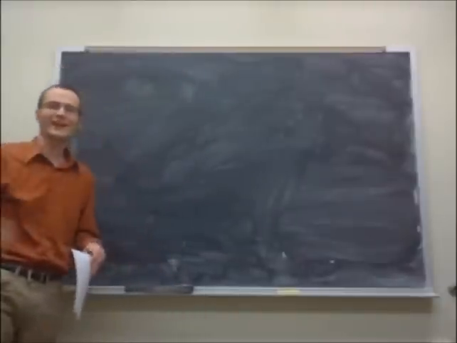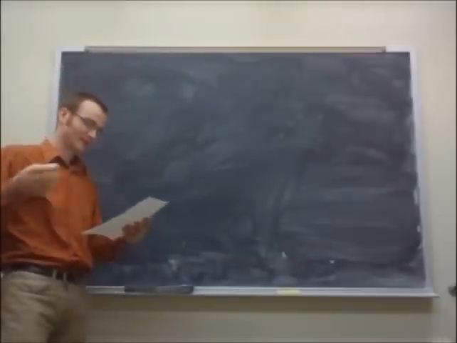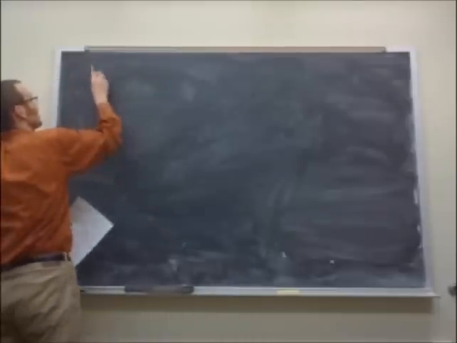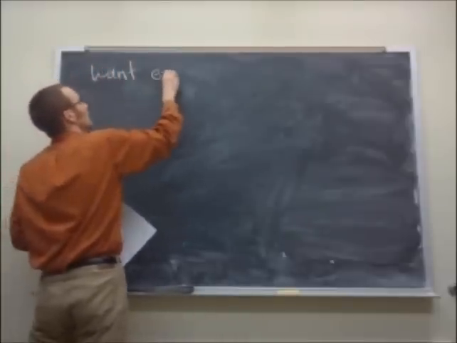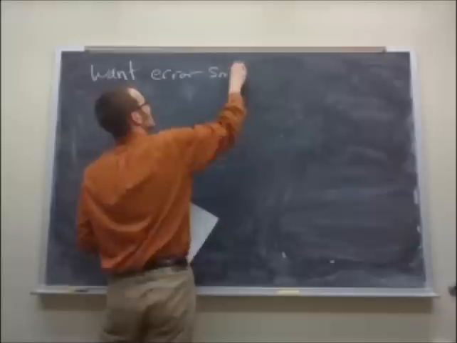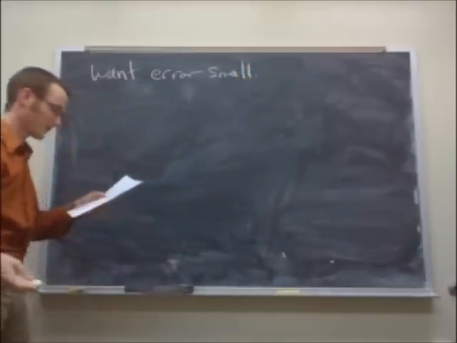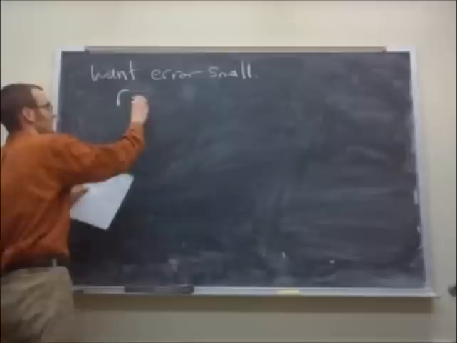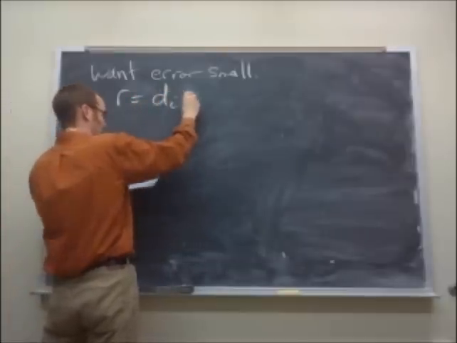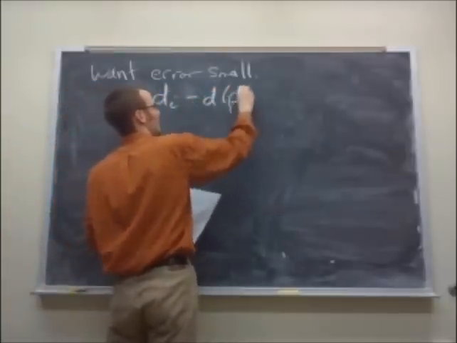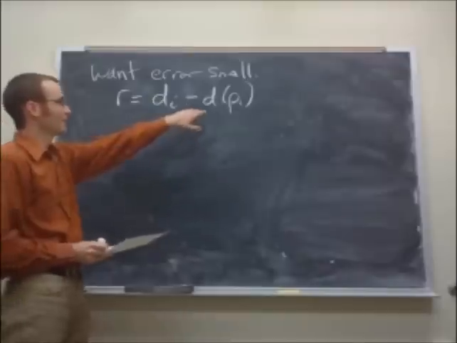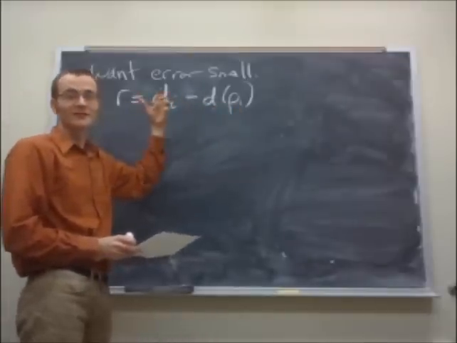Well, we want the error to be small. And what do we mean by error? Let's call r equal to d_i minus d of p_i. Here p_i and d_i are the data.